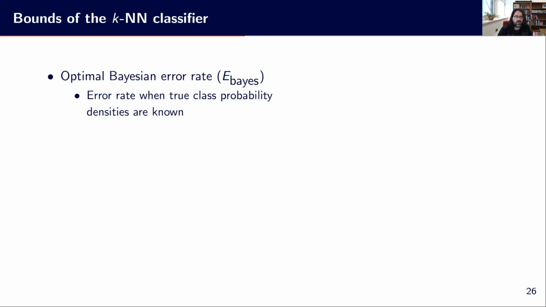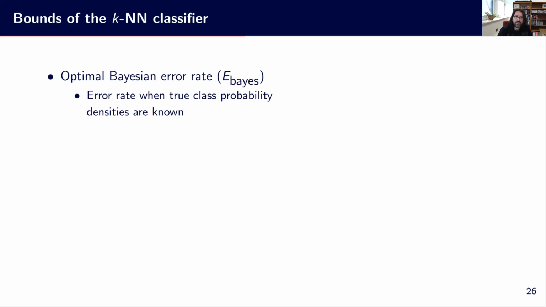For instance, let's first talk about what we call the optimal Bayesian error rate. This is the error rate that we have if we know in advance the real densities of our data sets. So we really know the density of what we are trying to model.